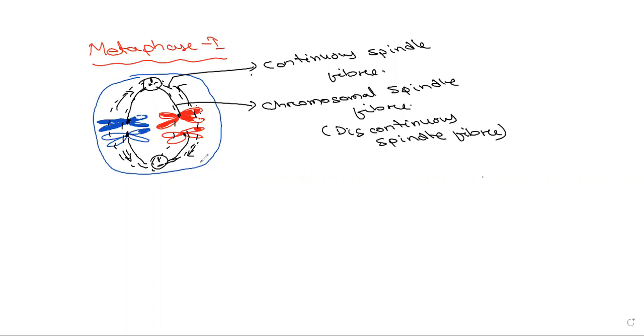Now the homologous chromosomes are present in the center.